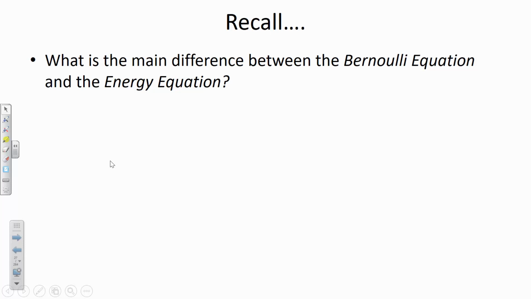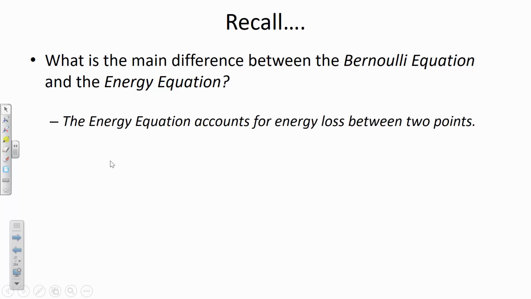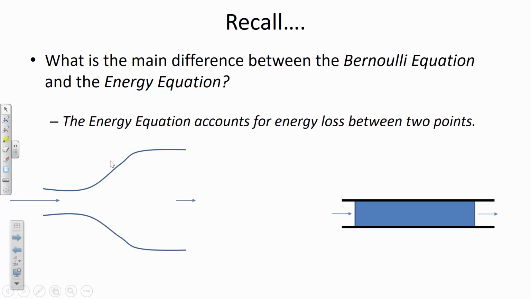What's the main difference between Bernoulli's equation and the energy equation? Because they have a lot of the same terms. Head loss. Exactly right. So the energy equation accounts for energy loss between the 2 points.